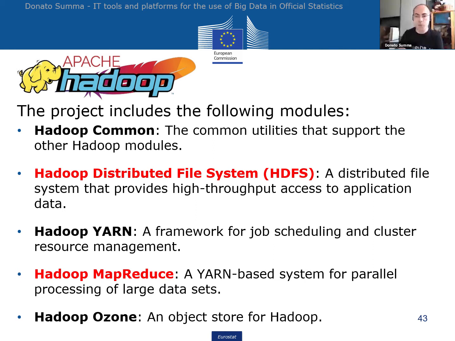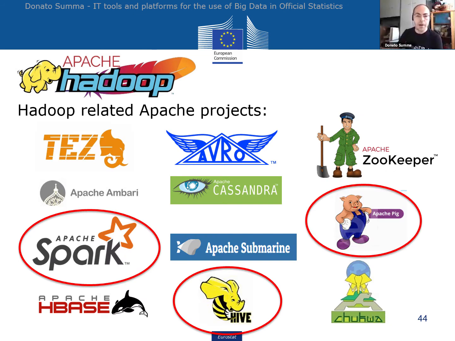And we will have the opportunity to talk a little bit about HDFS and MapReduce later on in this lesson. Okay, these are the main Hadoop modules, but there are also Hadoop related Apache projects that can be used on top of Hadoop. And in particular, in this lesson, we will see Apache Spark, Apache Hive, and Apache Pig.